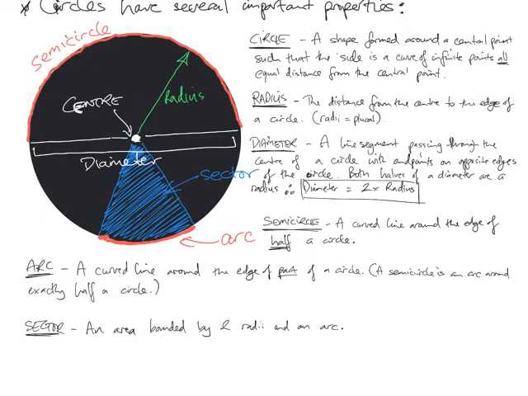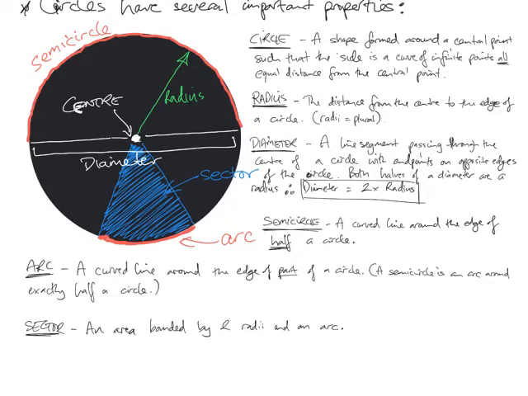The side is a curve of infinite points all the way around that are equal distance from the center. So if I measure from the center to the edge there, it's going to be the same distance from the center to the edge here, all over to the infinite points around. They're all going to be the same distance. So that's basically what a circle is.